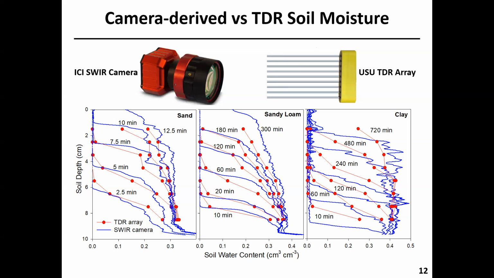And as you see, we have pretty good agreement between the camera and the TDR data for mapping or monitoring the soil moisture profile during the flow experiment. So this gave us more confidence about the adequacy of the linear physically based model.